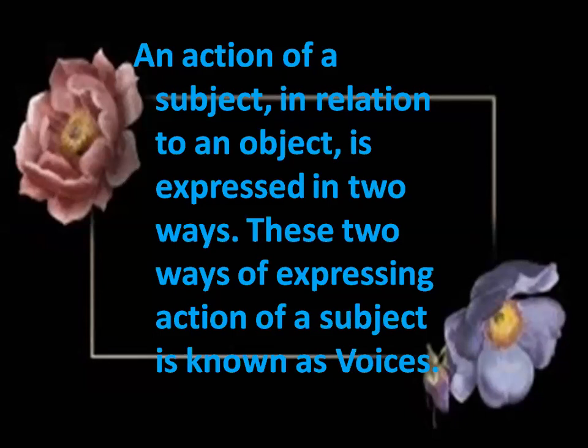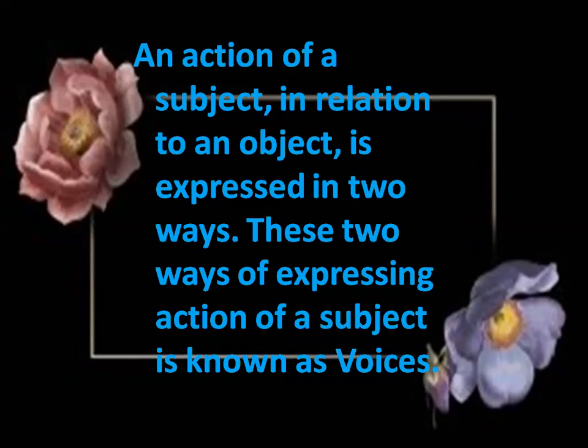To express the action of a subject in relation with the object, that what is happening with subject and object, what is the relation between these two things, it is expressed in two ways. These two ways of expressing the action of a subject are known as voices. The ways are called voices. One is active voice and the second one is passive voice.